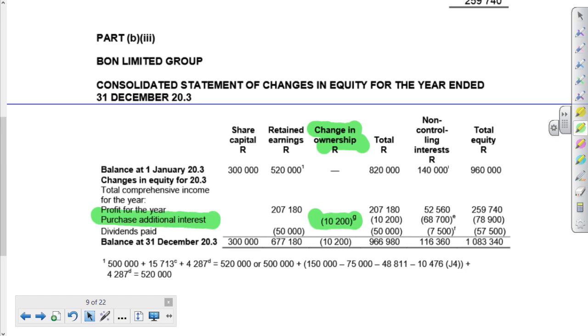Yeah, 10,200. Then retained earnings at beginning of year. If we look at the numbers, parent plus sub. Where's the sub? It was 150 at beginning, that one, right? Parent plus sub. Then we take out on AC.